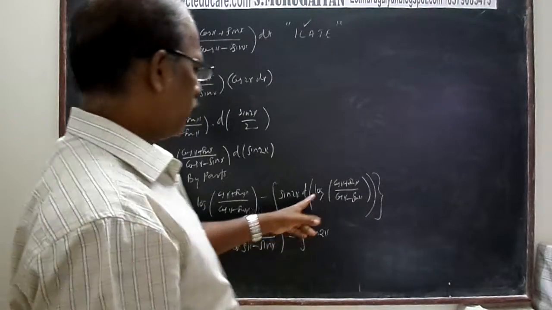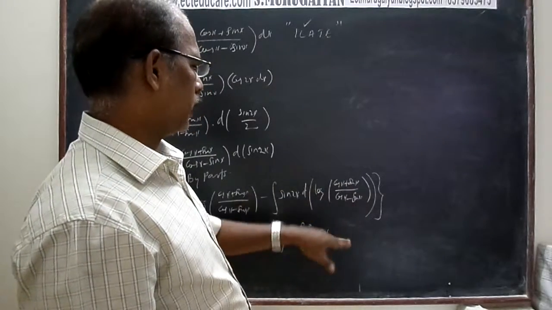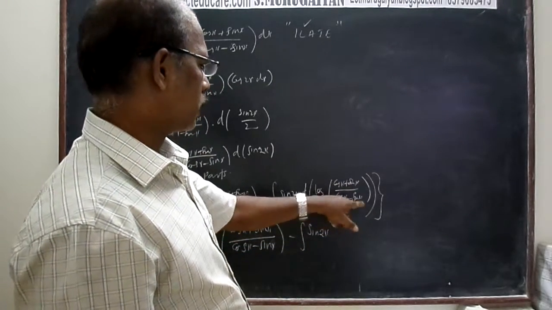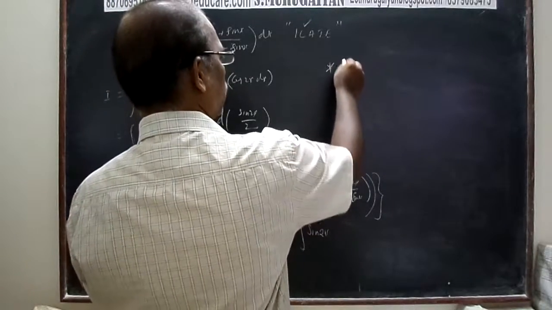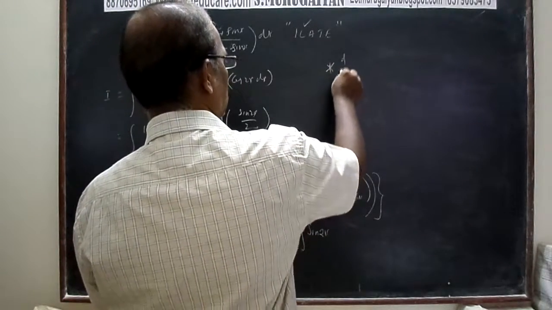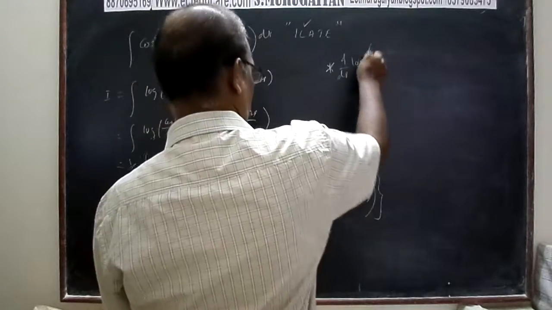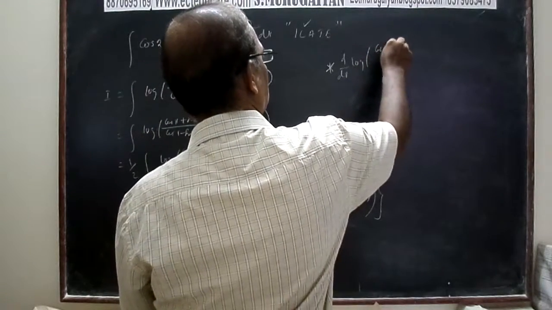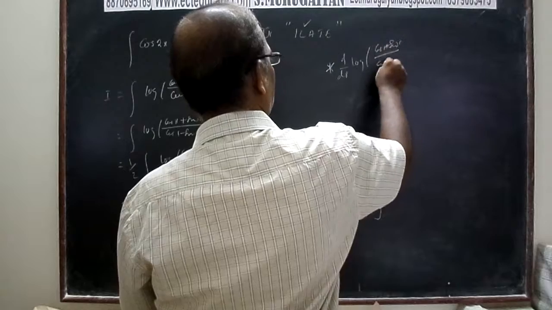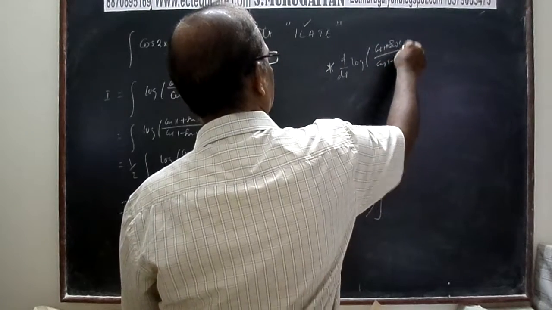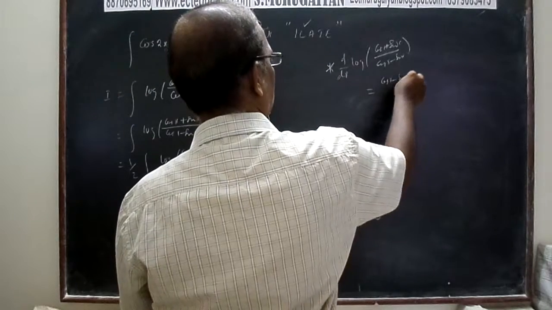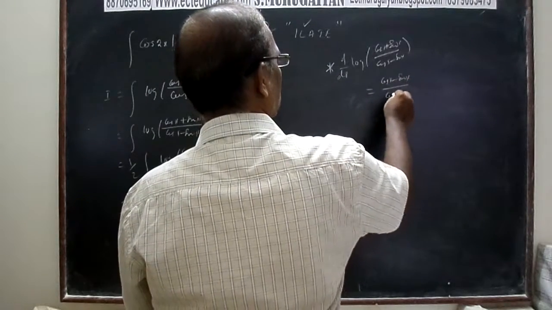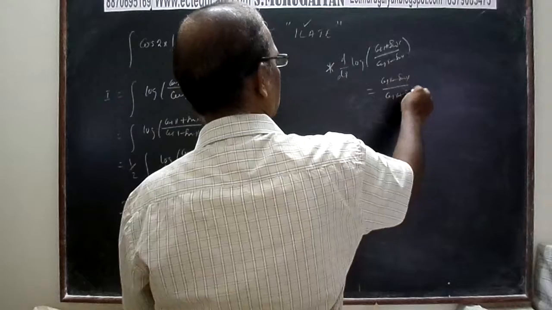If you differentiate log of (cos x plus sin x) divided by (cos x minus sin x), just look at this part: dy by dx of log of (cos x plus sin x) divided by (cos x minus sin x). First the reciprocal of this, (cos x minus sin x) divided by (cos x plus sin x).